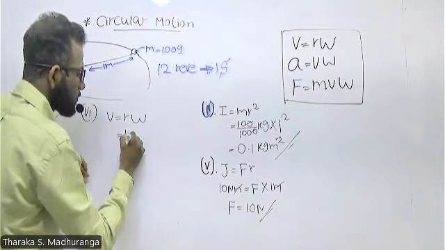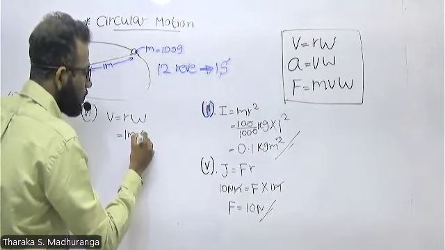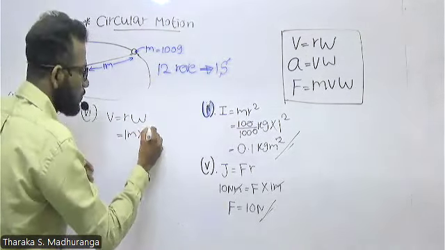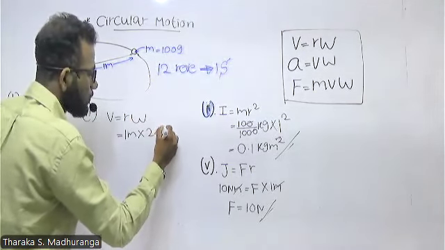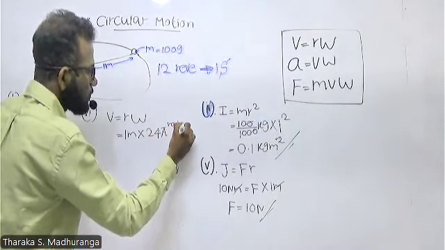The R is 1. The omega we found is 24 pi radians per second.